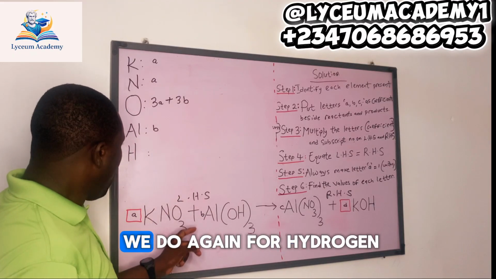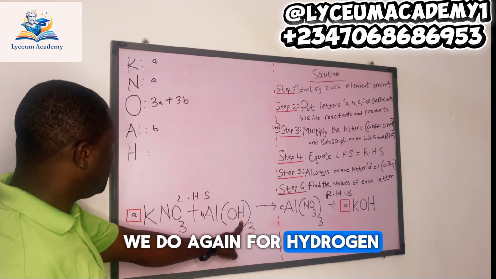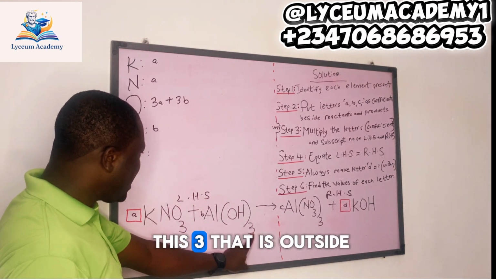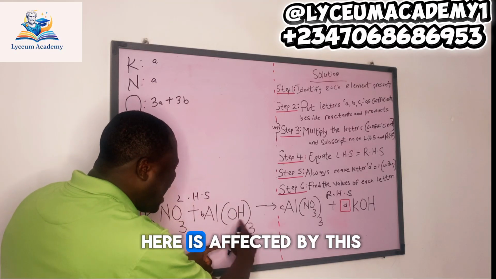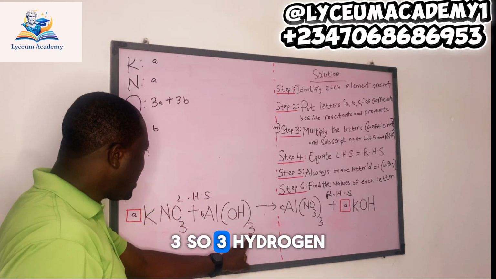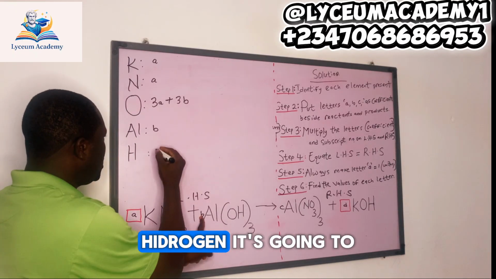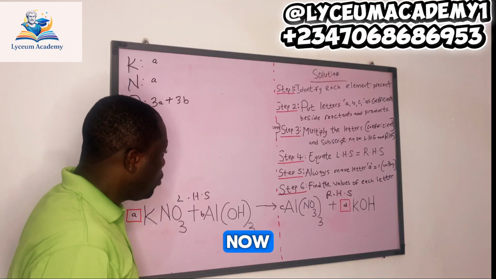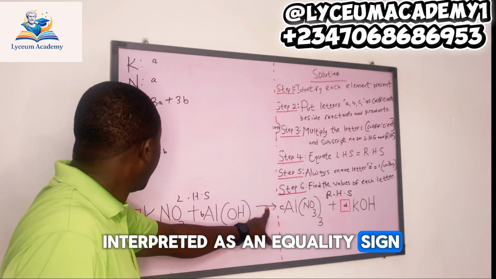Then we do the same for hydrogen. Hydrogen is inside the bracket, so everything inside the bracket is affected by this 3. So 3 hydrogen, 3 times B, gives 3B.